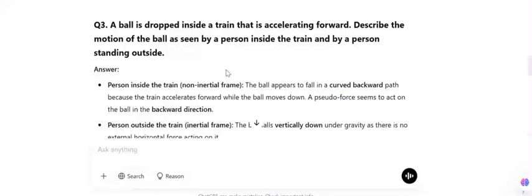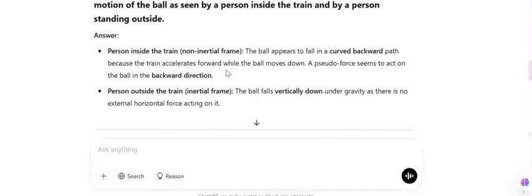If I am standing outside the train, I would feel the ball is coming forward. Drop inside a train means randomly dropped, right?